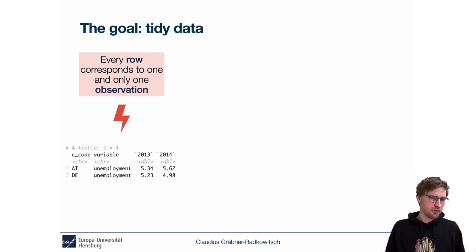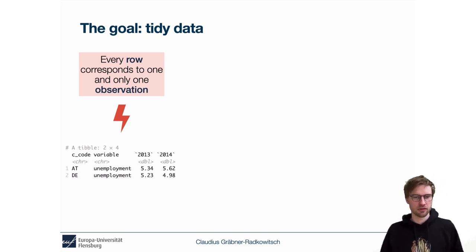It's just not very useful if you want to analyze or process this data in R. So here you see that, as I said, in the first row, you do not have only one observation, but you actually have two observations. Two observations for Austria, namely one observation for 2013 and one observation for 2014.